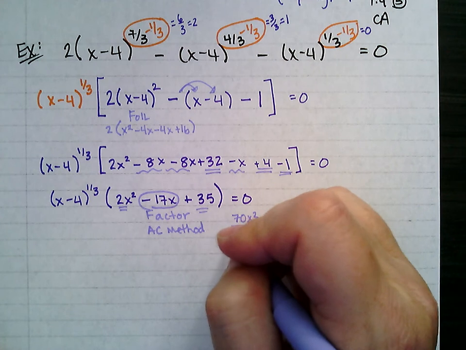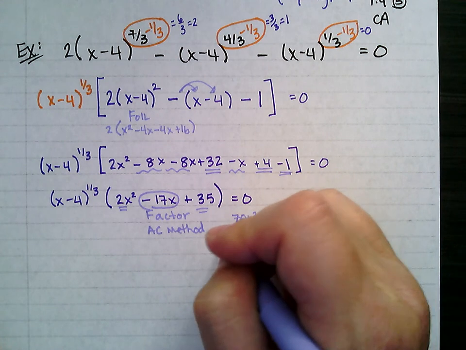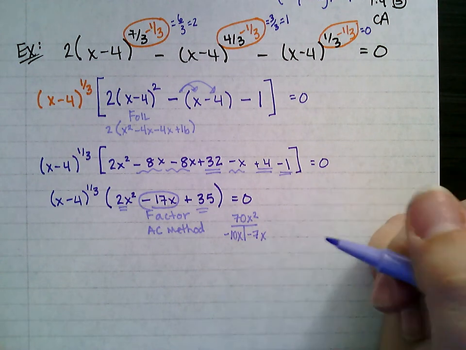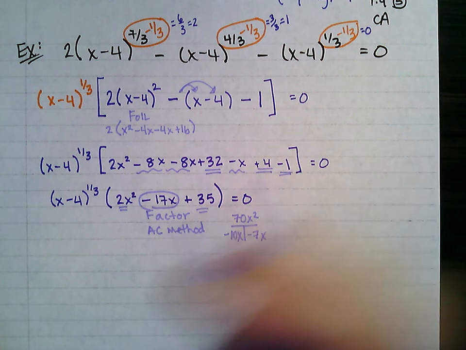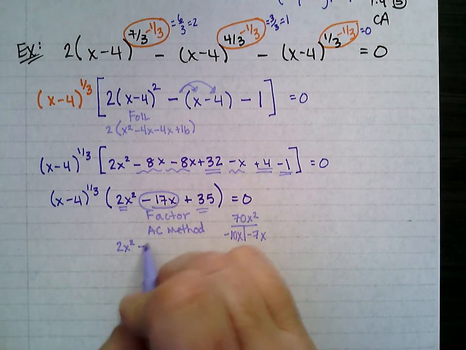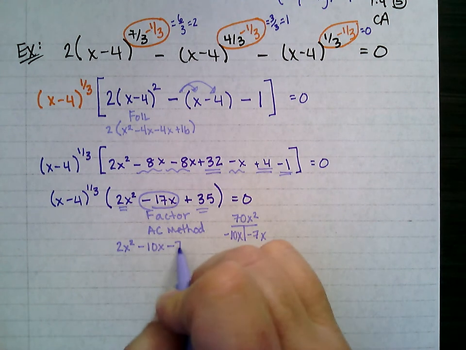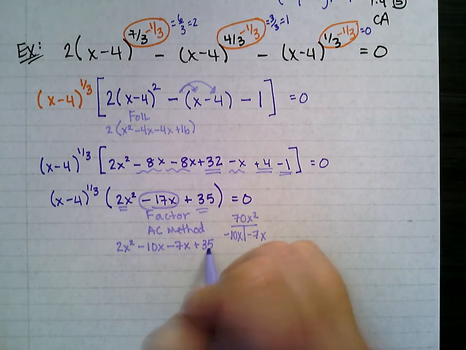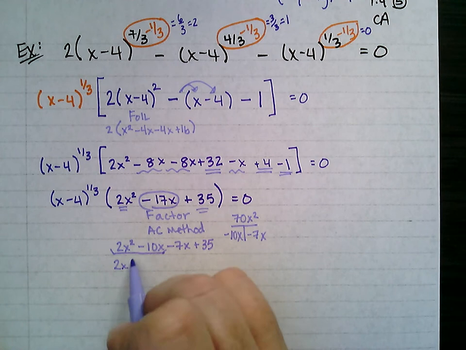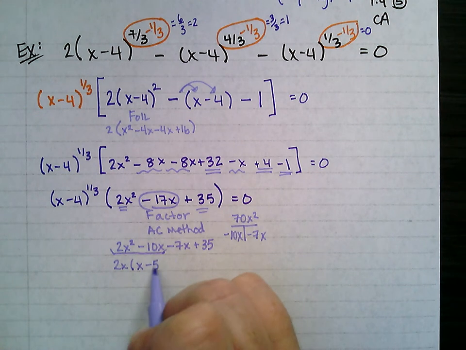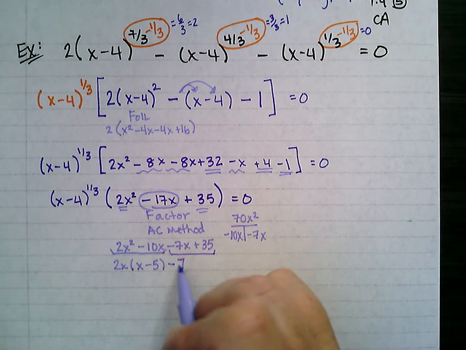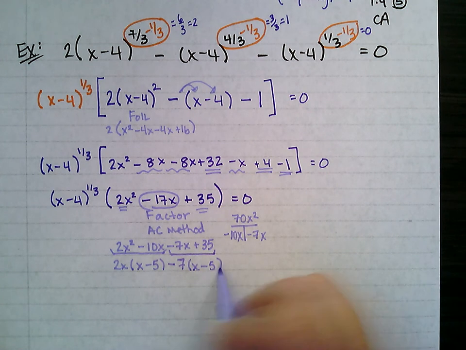In this case, if I do negative 10x, negative 7x, that's going to multiply to give me positive 70, but add to give me negative 17. So I'm looking at 2x squared minus 10x minus 7x plus 35. Get this group together. I can take out 2x and I'll be left with x minus 5. Get this group together, leads off negative, so I have to take out negative 7 times x minus 5.